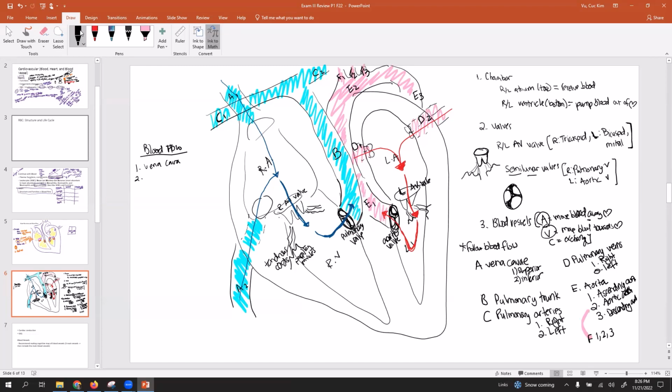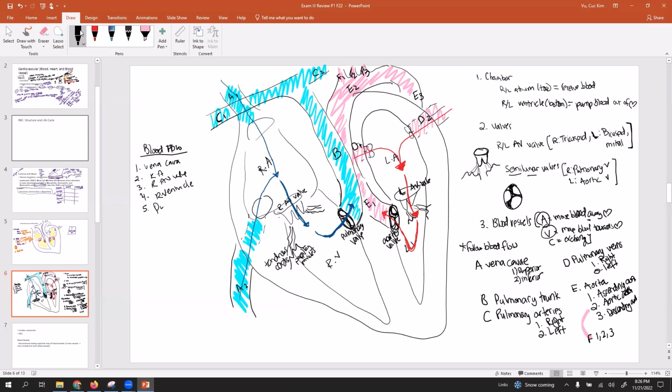Right atrium. Keep going. Right AV valve. Right ventricle. Pulmonary vein. I'm sorry, artery. Pulmonary artery.